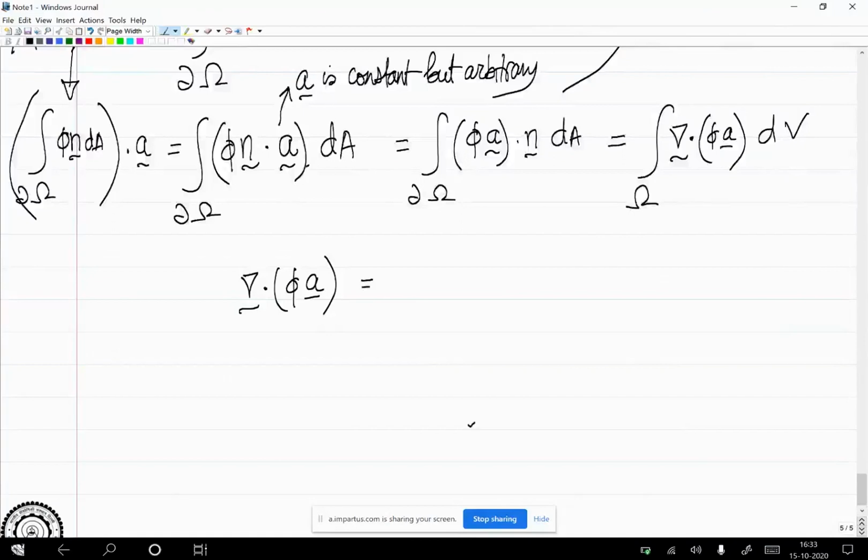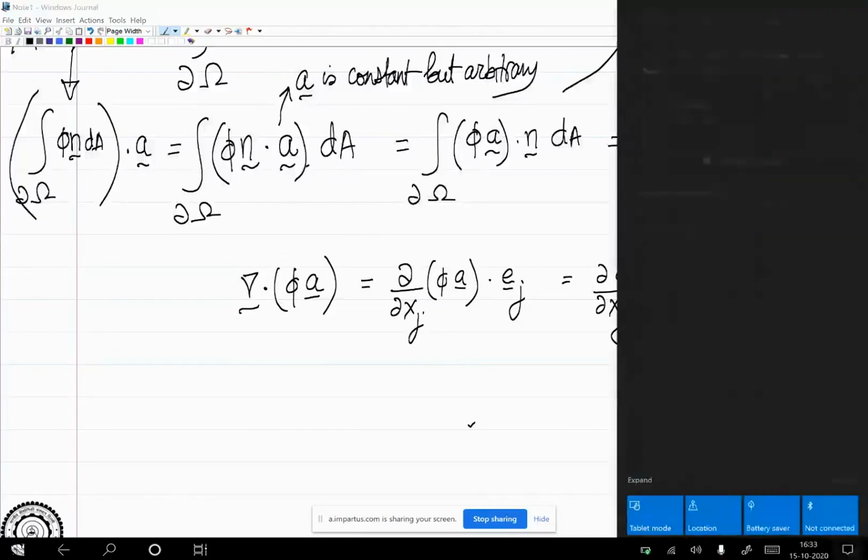Now let us work this out. What will be the divergence? So we know this is del over del x j of phi A dot with EJ, isn't it? So this is del phi over del x j A dot EJ, which is simply AJ, correct?